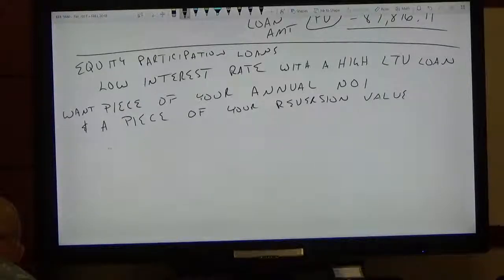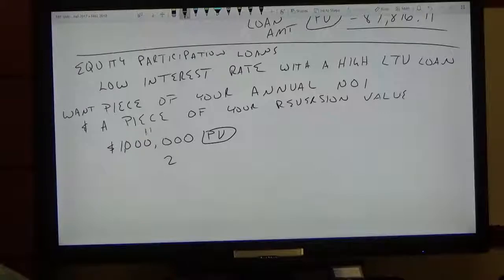Okay, so let's just see how we might set this up. Let's say that we've got a $1 million property. What's the low interest rate that we're going to charge these folks? 4%? 2%. I like 2%. Okay, once again 12 payments per year, and let's do it over 15 years.